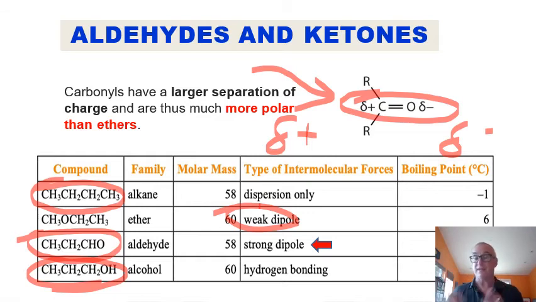That's more advanced organic chemistry. But I just want to point out that the reason it's more reactive is that big separation in charge. It gives you a spot where reactions can take place, particularly with groups that have a high number of electrons that can be easily polarized.